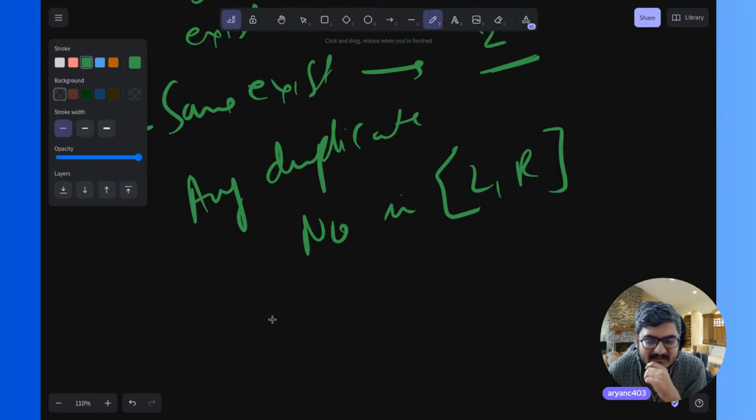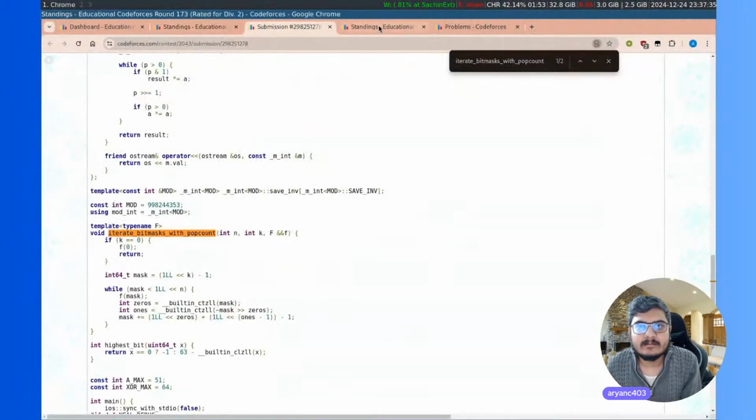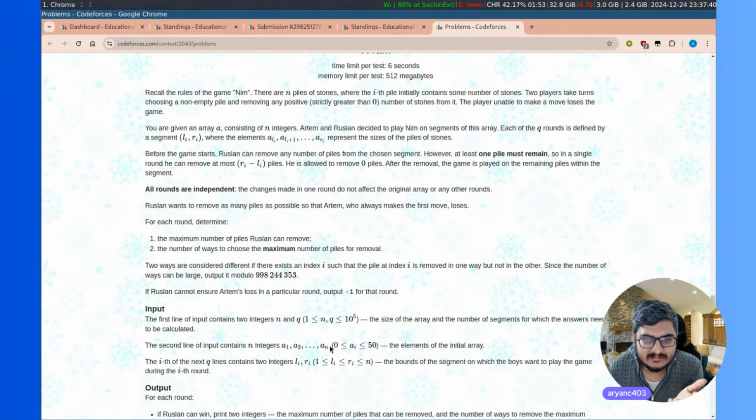This essentially means the length of L to R would be less than or equal to 50, because we do not have more than 50 values here, and zero also does not exist. The values are up to 50.